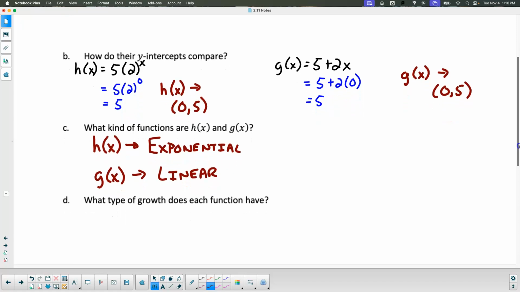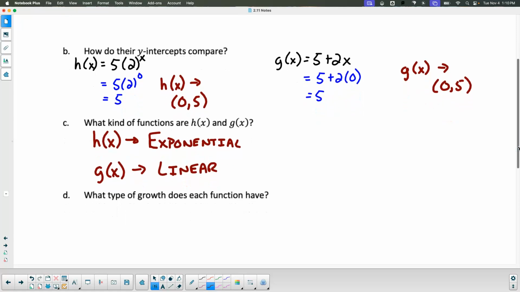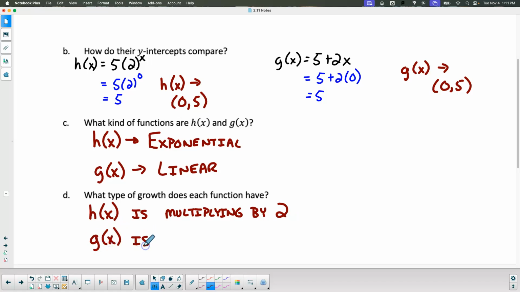What type of growth does each one have? H of x is by multiplying by 2. G of x is adding 2.